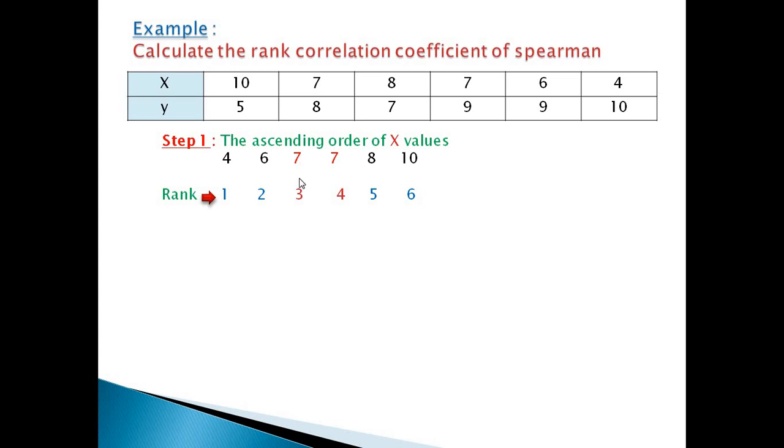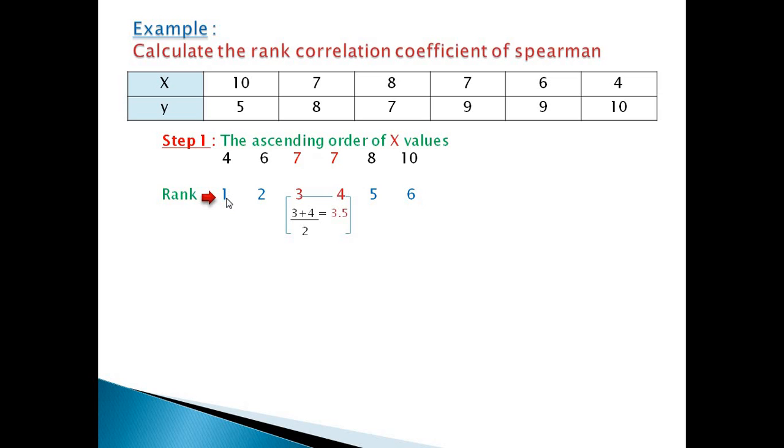How? As we said, this is third and this is fourth. Add them together, 3 plus 4 divided by 2 to get the mean of them. 3 plus 4 is 7. 7 divided by 2, it's 3.5. So the rank of the value 7 is 3.5.